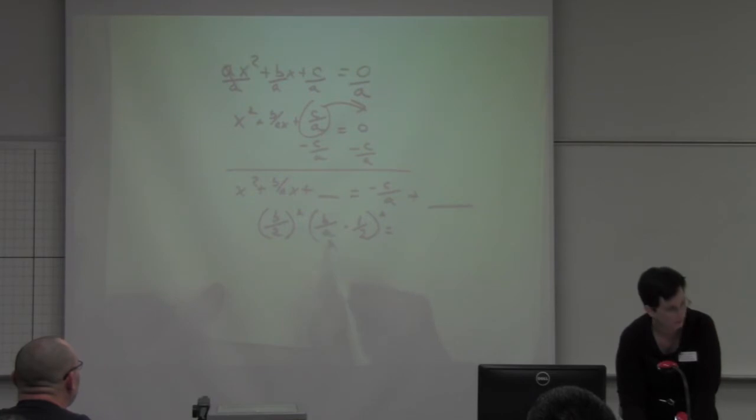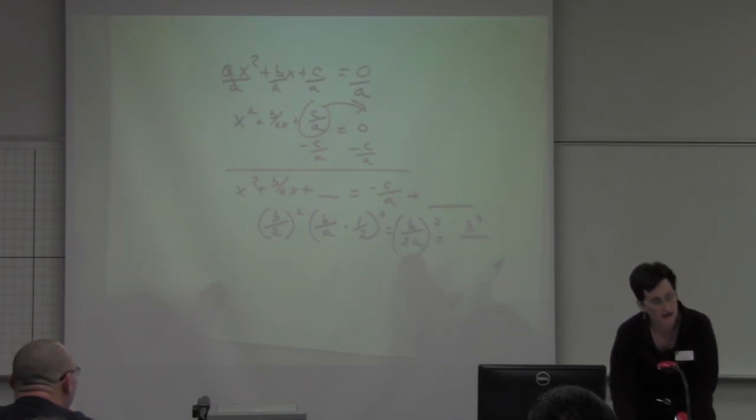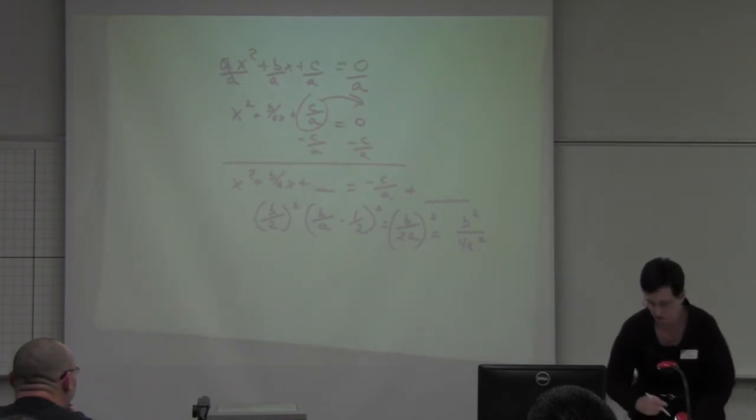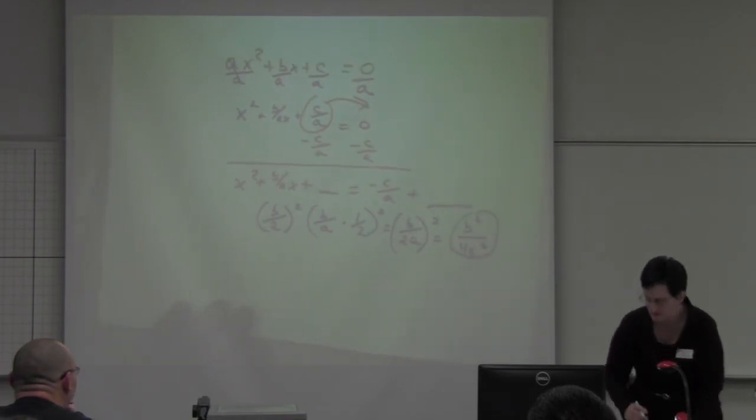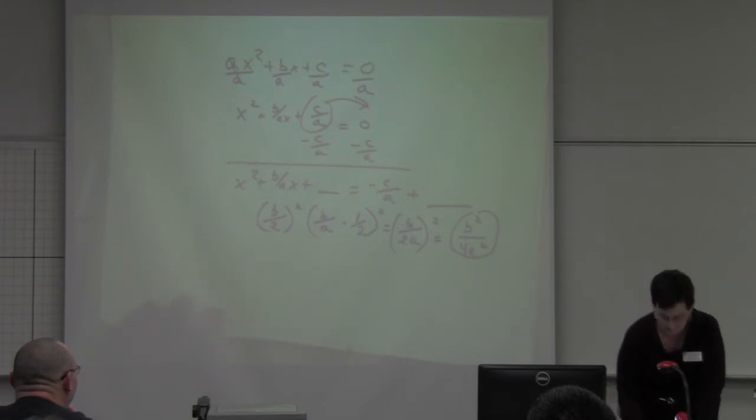So what is b over a times 1/2? b over 2a, and then we're going to square that. So square the top, that gives you b squared, and then what is 2a times 2a? Keep going. 4a squared, there you go. So our perfect number, as strange as it may look, is b squared over 4a squared. So we're going to add that to both sides.